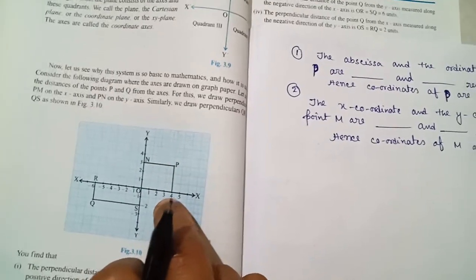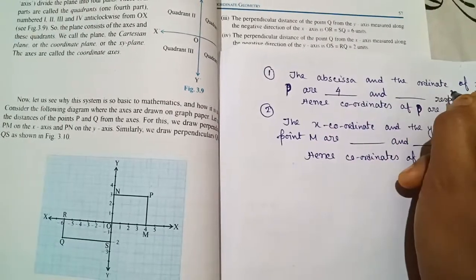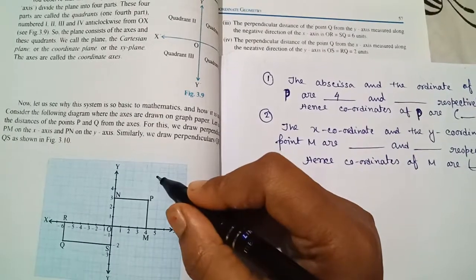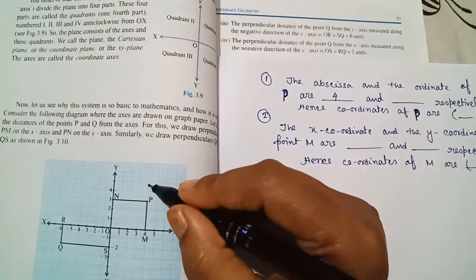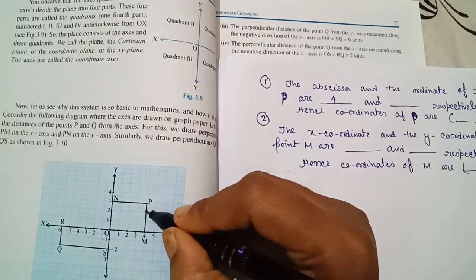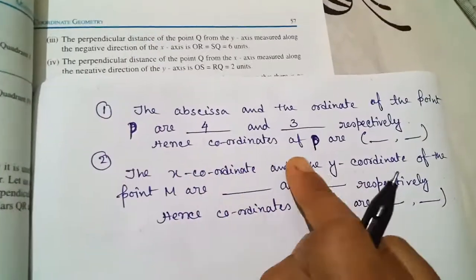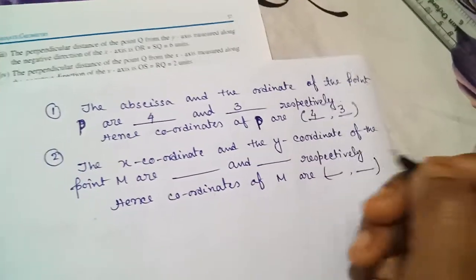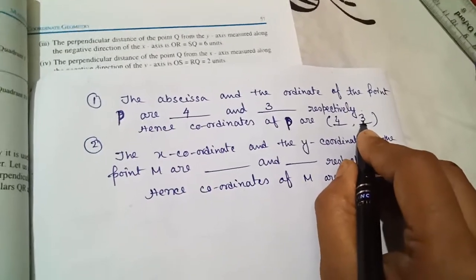Here also you can see it's 4. That means the abscissa is 4. Ordinate means distance from the x-axis, the vertical one. Horizontal distance is abscissa, vertical distance is ordinate. So the ordinate is 1, 2, 3. So it's 3. That means the coordinates of P are 4, 3. Abscissa is to be written first and ordinate second.